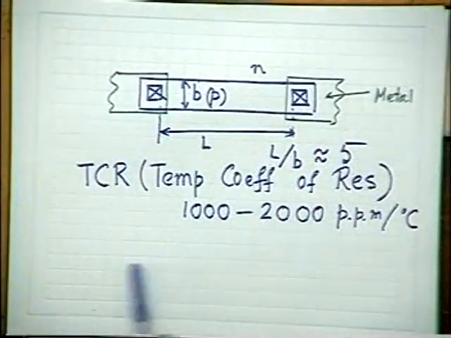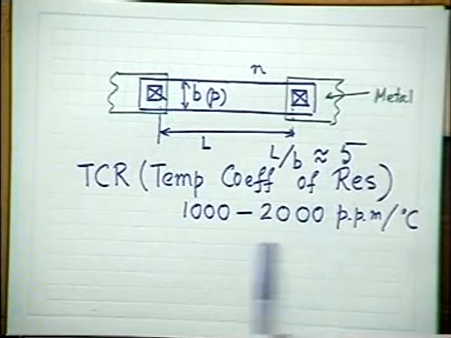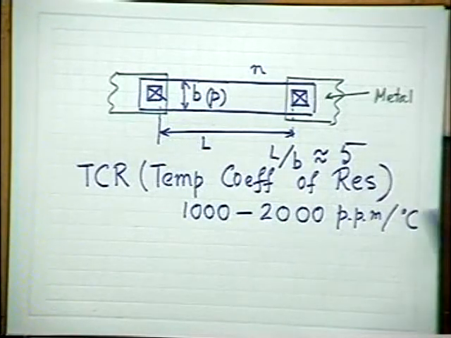Suppose I want to realize 100 kilo ohm using a base resistor, what will be the shape? I have to have a meander line shape, just like this, to extend the length. I should have a very large L by B ratio in order to achieve 100 kilo ohm, and what will be the bad effect of that?